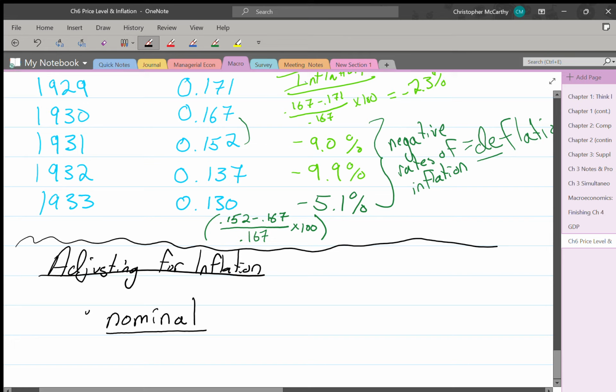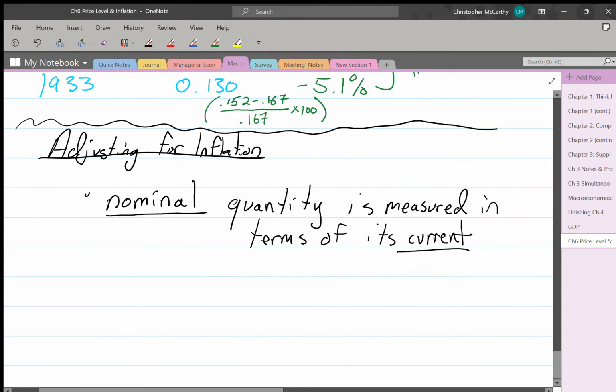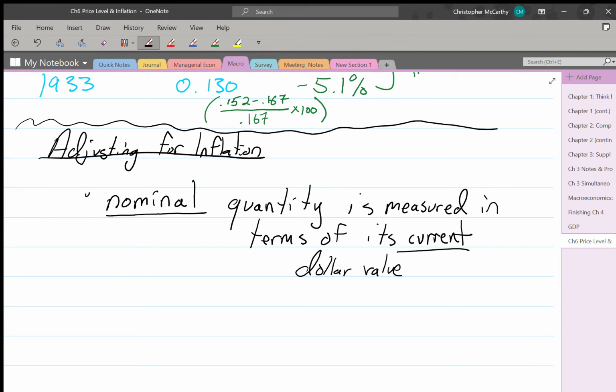So a nominal quantity is measured in terms of its current dollar value. So you'll also hear it called current. You'll hear, like, constant in current dollars. So current dollars are nominal dollars. I can't tell you how many times I've Googled that. I just can't seem to remember it.